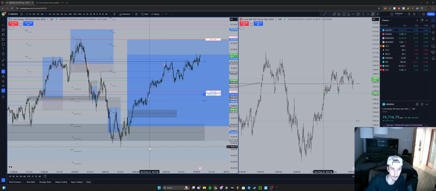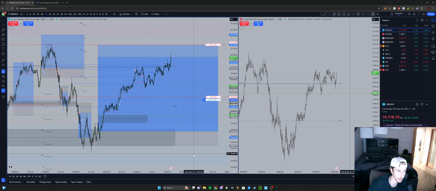I'm just giving to you from what it really is, what draw on liquidity actually is, how to find it, and how to take trades to or from it. So yeah, that's pretty much it. This trade looks like it's gonna hit any second now.